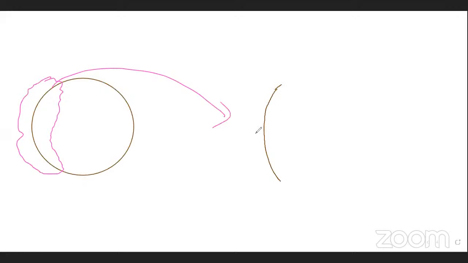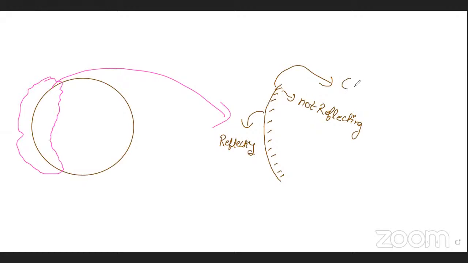Students, suppose I polish this side. Now this side will not be reflecting, and this side will be the reflecting surface. I will call this also a type of spherical mirror, which is the convex mirror.